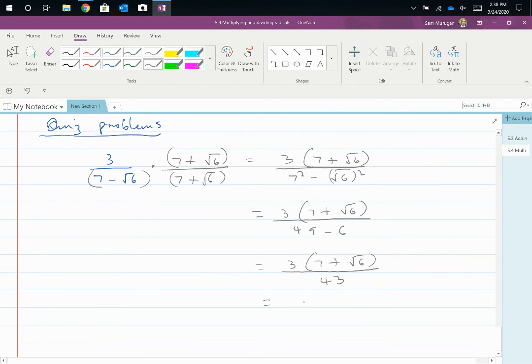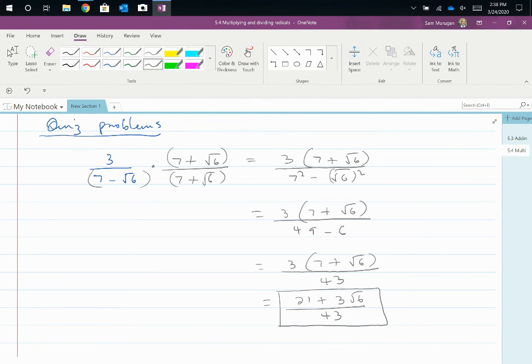So this is 3 sevens 21 plus 3 square root 6 over 43. Okay.